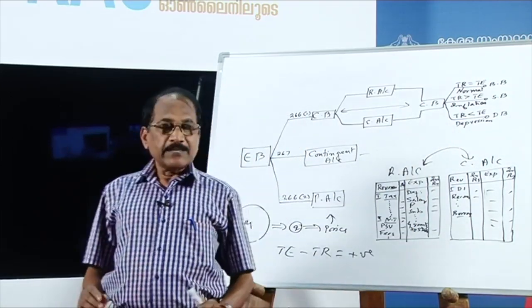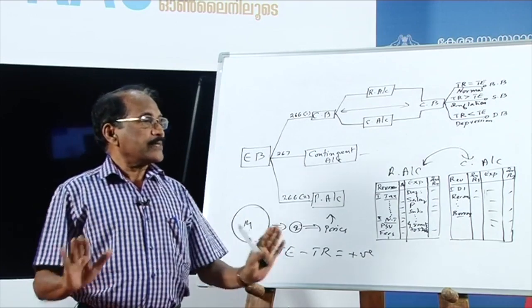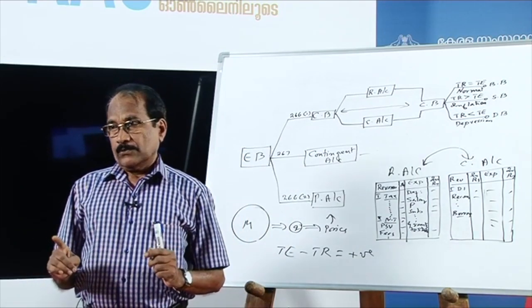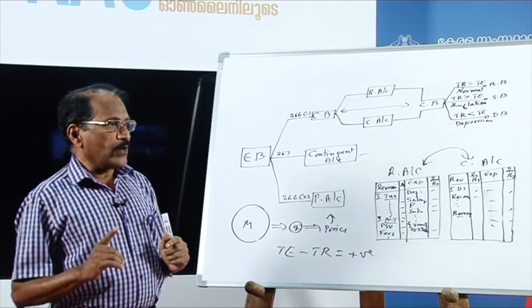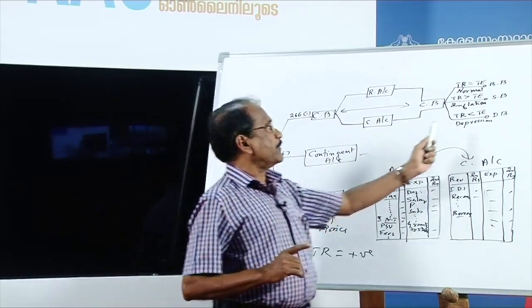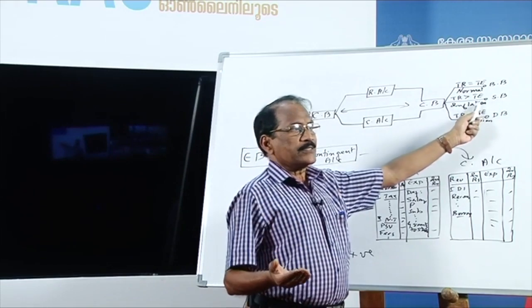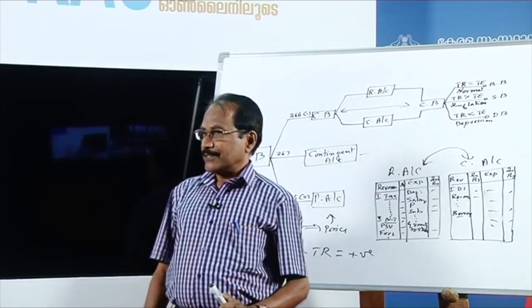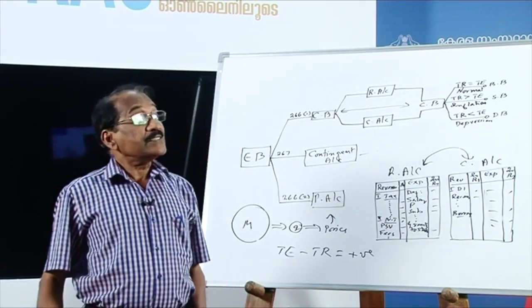Only during the depression period do we advise the government to prepare a deficit budget, otherwise a surplus budget during the inflationary period, and a balanced budget in the normal period. That is called fiscal policy.